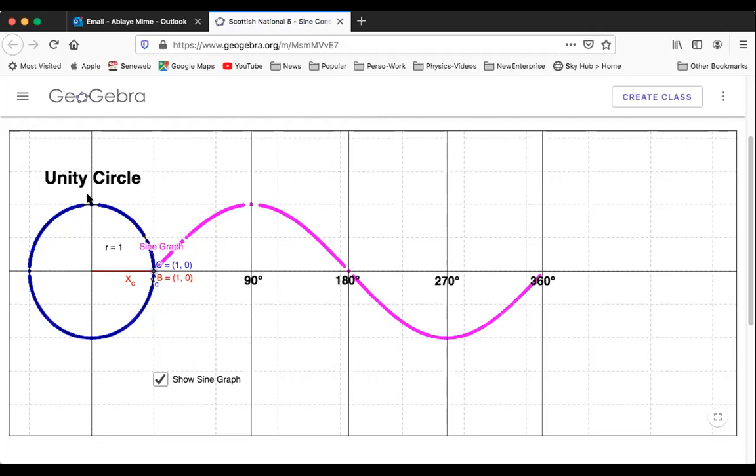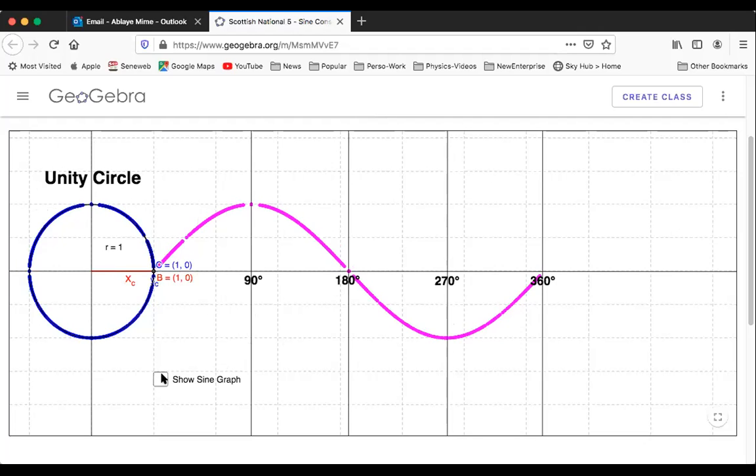So basically here on y, we go from 0 to 1 and from 0 to -1. So imagine this is +1, this is -1, and that's how you would build your sine graph.